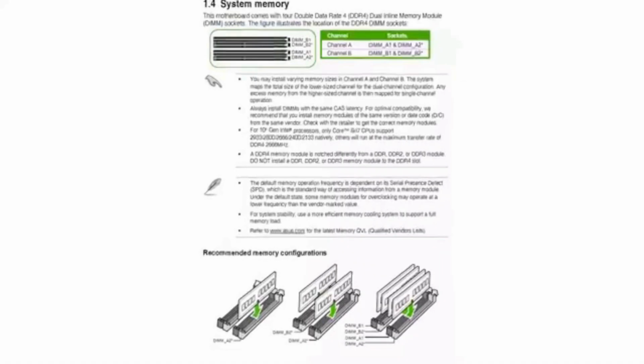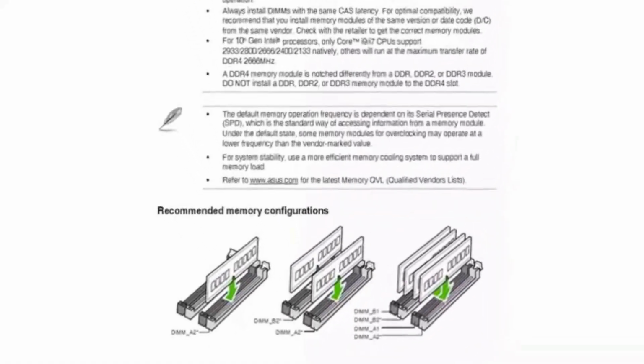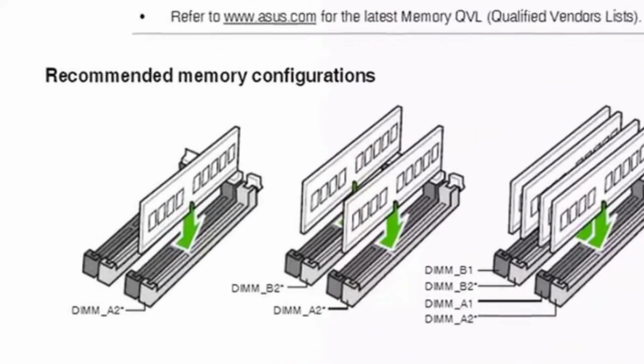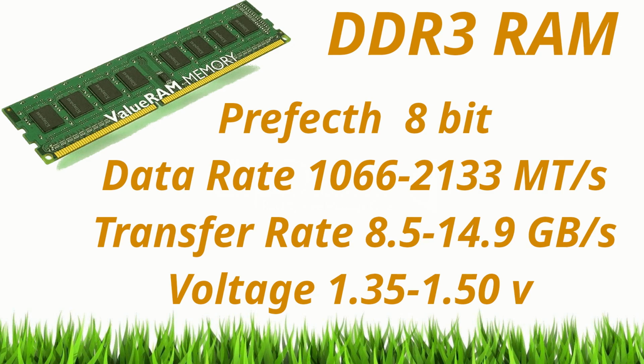DDR3 transfer rates are between 800 and 1600 megatransfers per second. All these improvements meant higher bandwidth and performance with less power consumption, making DDR3 a great memory option for laptops.